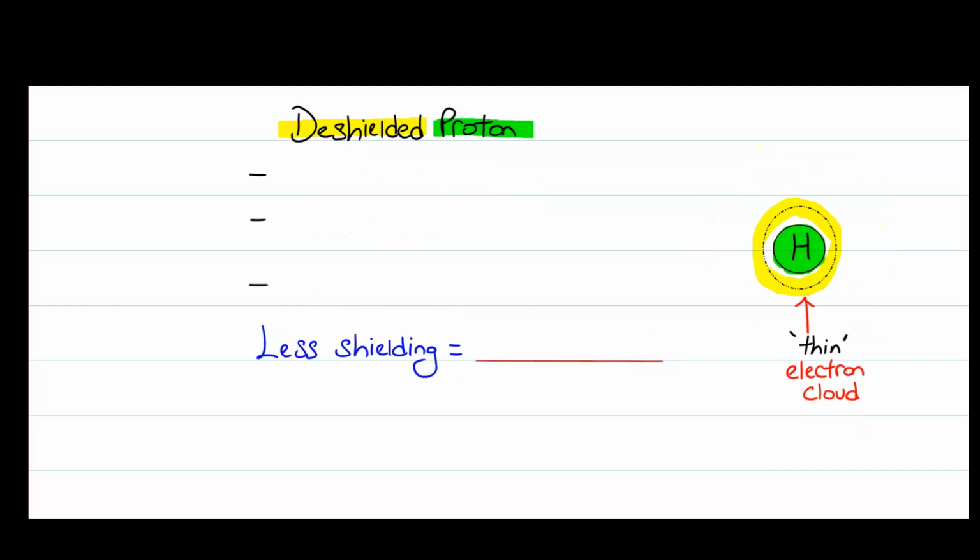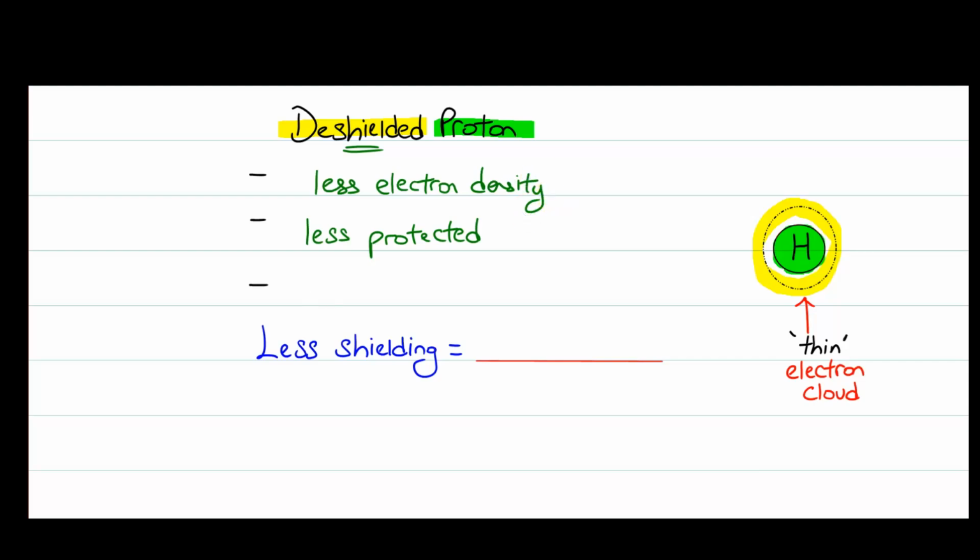Deshielding is the opposite idea. If electron density is pulled away from a proton, that proton becomes less protected. We call it deshielded because it has less electron density.